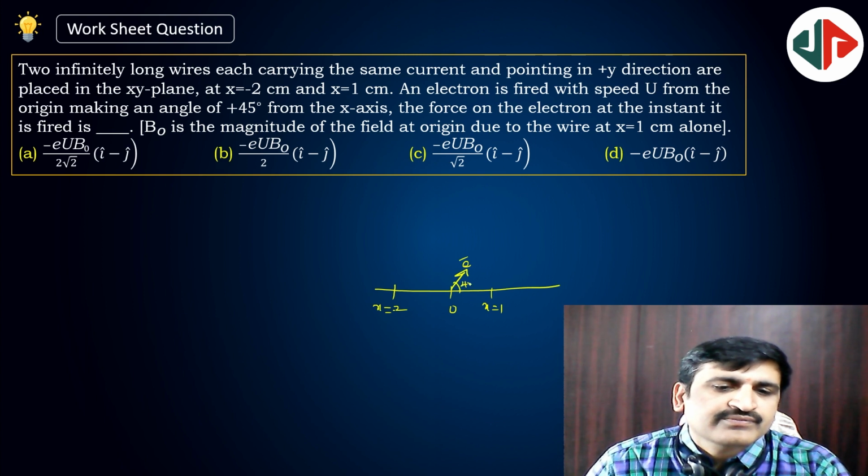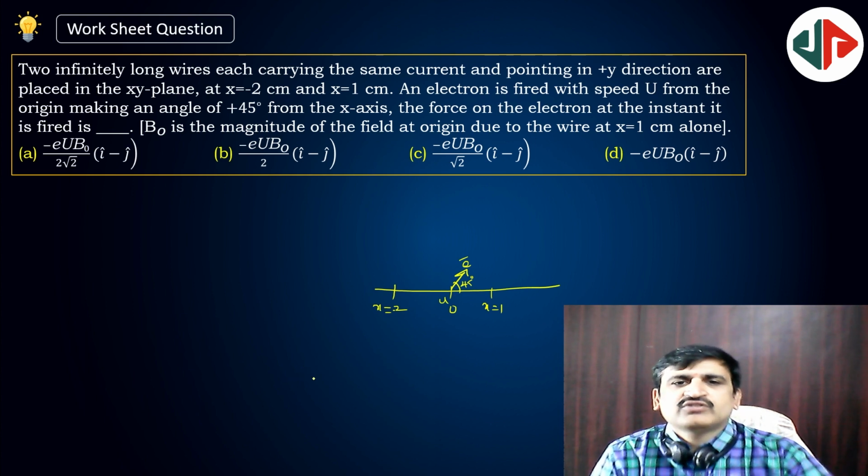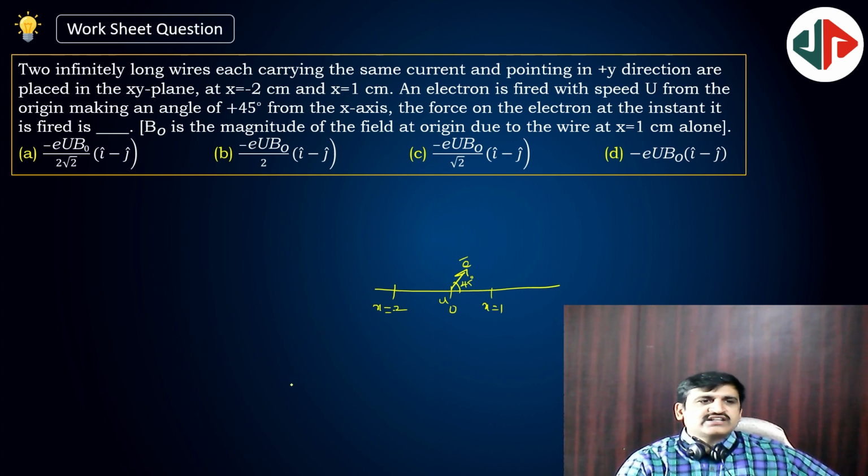With velocity u, the force on the electron at the instant it is fired is F equal to BQV sin theta, where theta is the angle between them. These wires are along the y direction.